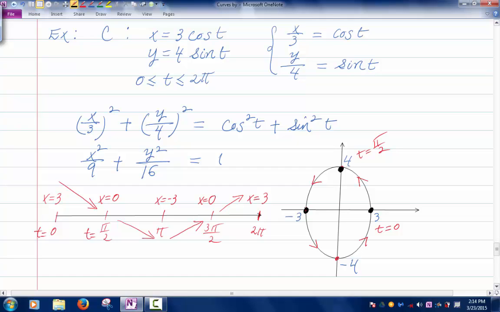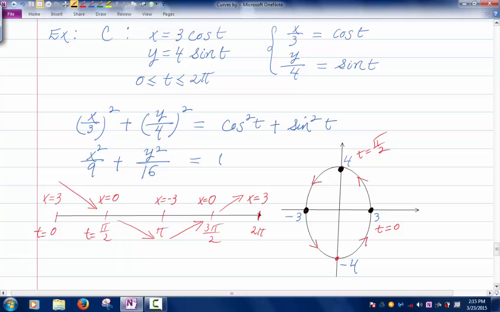Now what is happening between pi and 3 pi over 2? Between pi and 3 pi over 2, the x value increases from -3 to 0. So the x value at pi is -3, and then it increases from -3 to 0, and you're going from this point (-3, 0) to the point (0, -4). Okay?